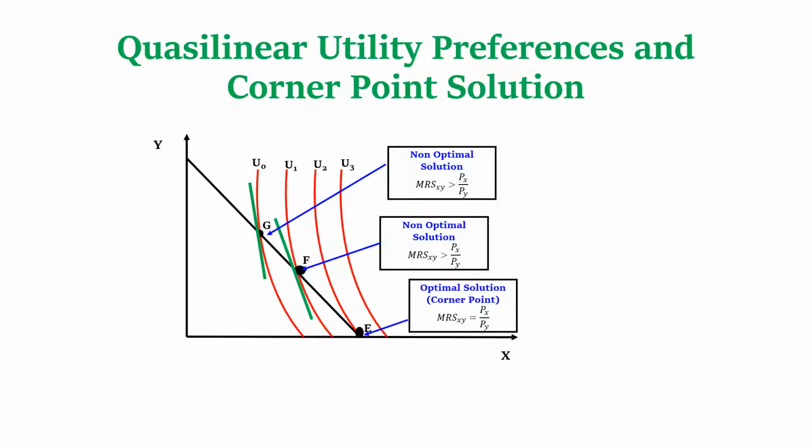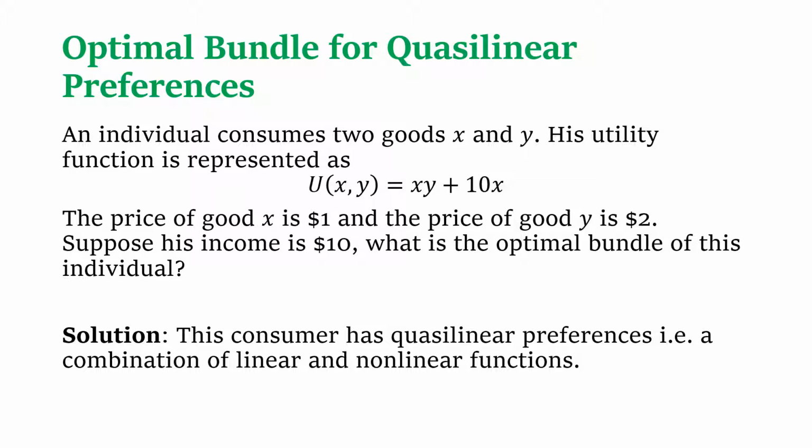Now let's try to solve a problem. If we look at this quasi-linear function, the individual consumes two goods, x and y, and its utility function is quasi-linear. Why do we say it's quasi-linear? It is because it has a linear component as well as a non-linear component. The non-linear component there is xy, and the linear component is 10x, right?